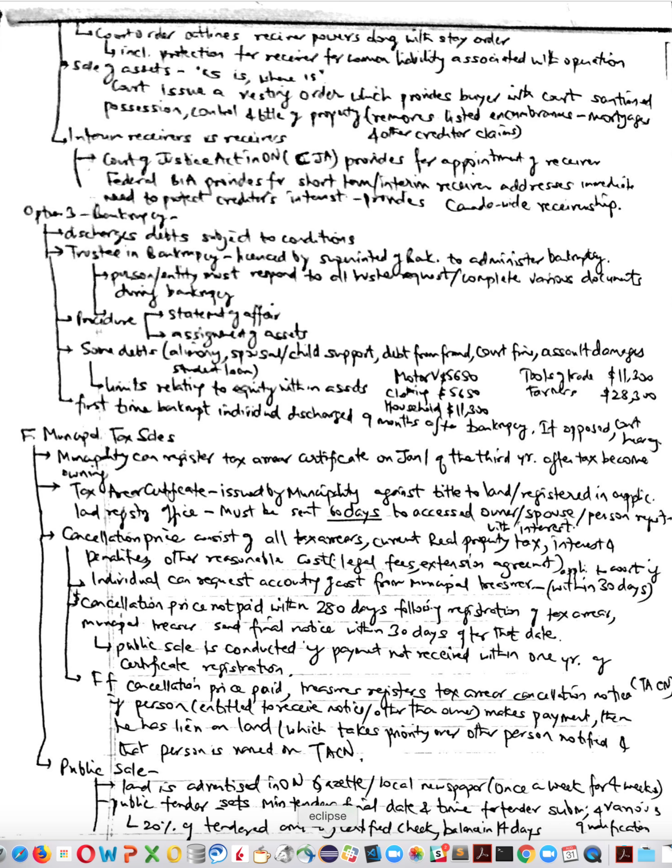To recap, the cancellation price consists of all tax arrears owing, current property tax, interest, penalties, and reasonable costs. Other reasonable costs could include legal costs, extension agreement, preparation of a survey if required to register the tax arrears certificate. An individual paying the cancellation price may request an accounting of the costs from the municipal treasurer.